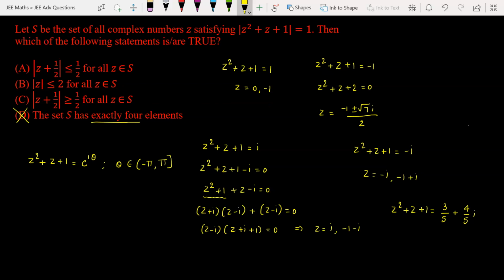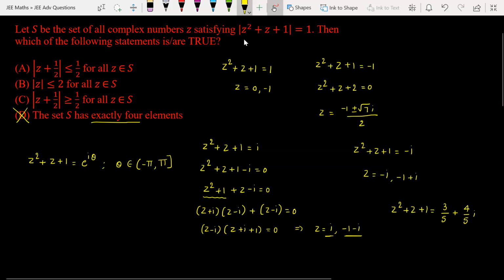But if you substitute this one, iota or minus 1 minus iota in option A, so here if you substitute iota, it is going to be the magnitude of iota plus half. That is actually root 5 by 2, because root of 1 squared plus half squared, that is root of 5 by 4, that is root 5 by 2, which is greater than half.